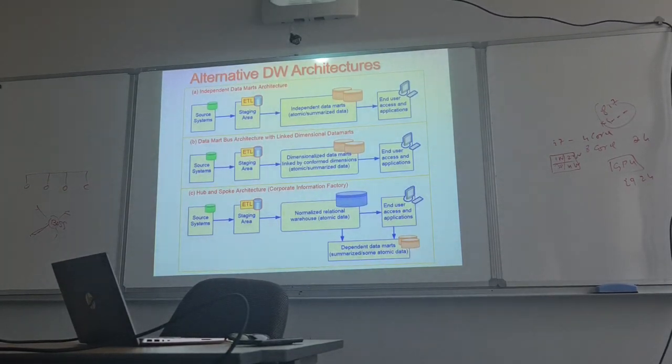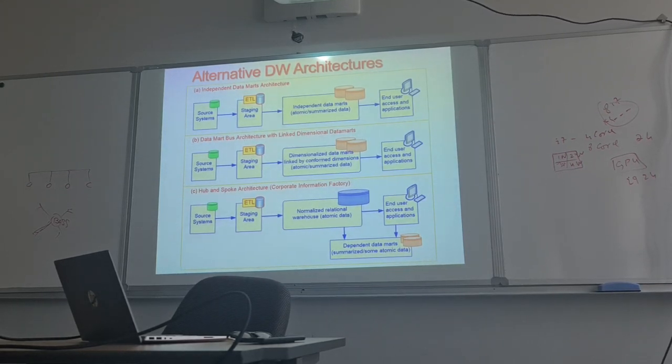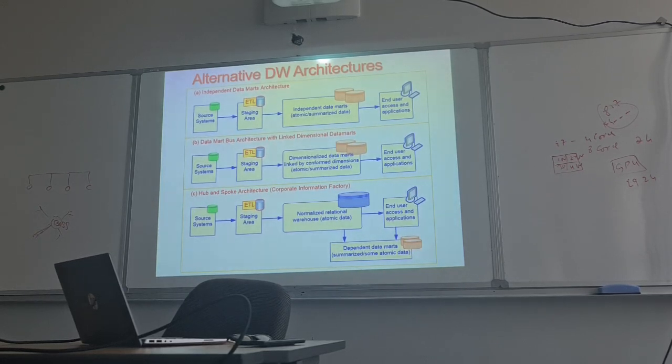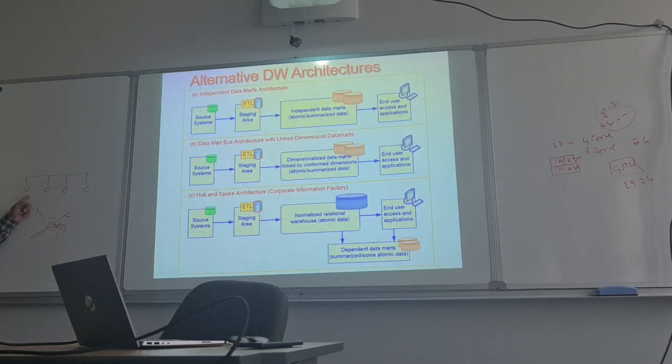The key word is that my data mart can access the other data mart directly. Do you understand what is going on? Direct communication between data marts. They are interconnected, but there is no central controlling thing. There are no barriers, direct contact.